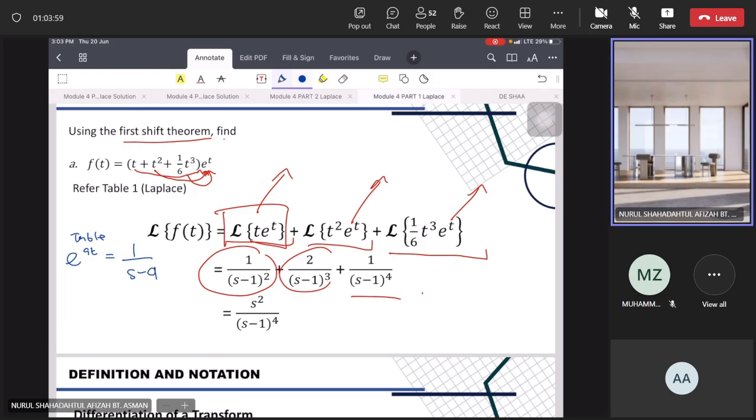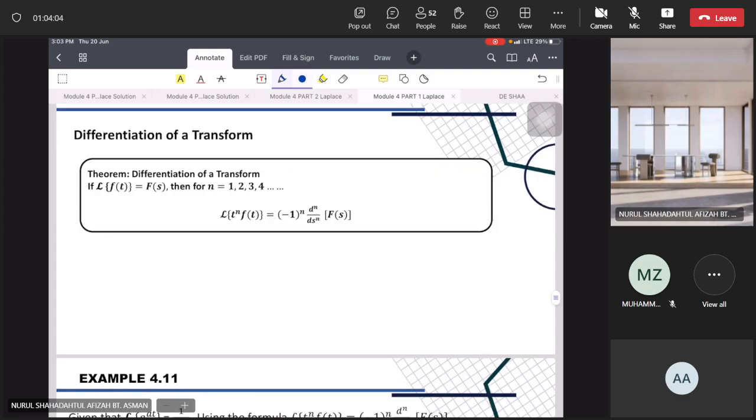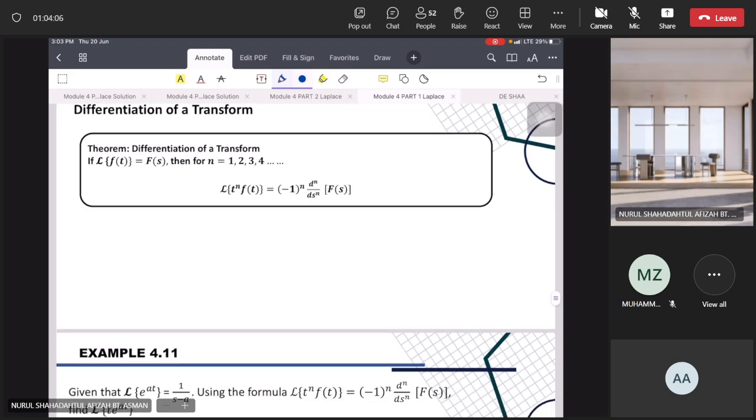So next we'll continue with the differentiation of a transform. If you have the Laplace of f(t) equals F(s), then for n equal 1, 2, 3, and 4, the Laplace transform of t^n f(t) equals (-1)^n d^n/ds^n F(s).